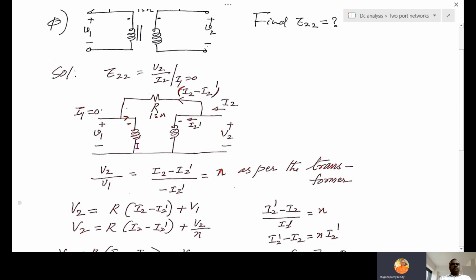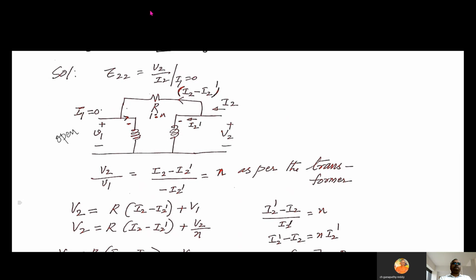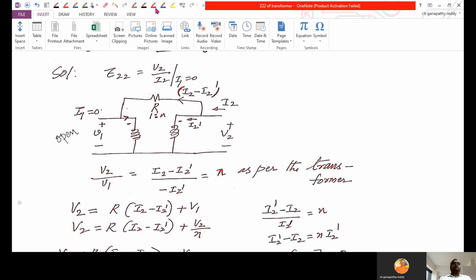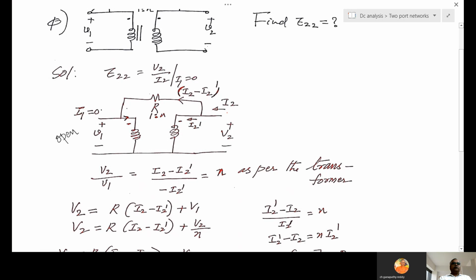So I have drawn the circuit again, making I1 0. I1 0 means this is open. So what is the voltage here? It is V1. That is already there.